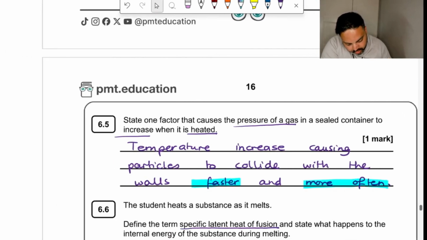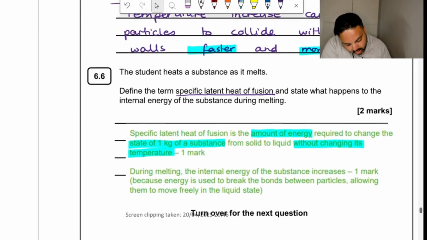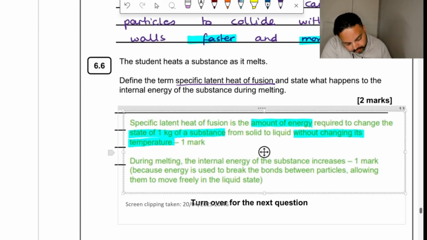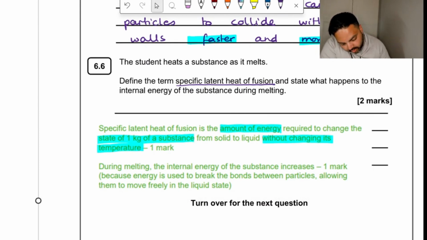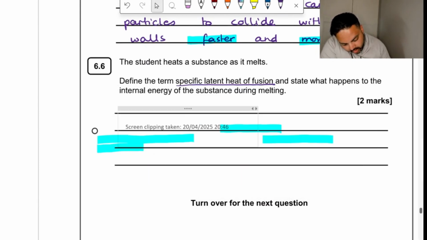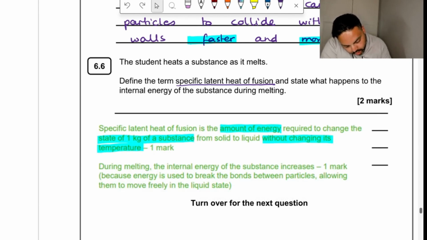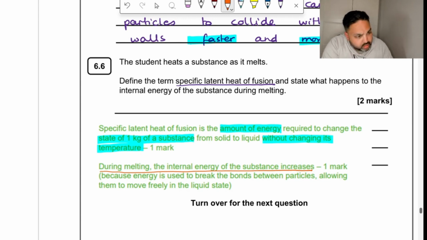Second part of the question. Right. During melting, the internal energy of the substance increases. Is that the bit that you meant?